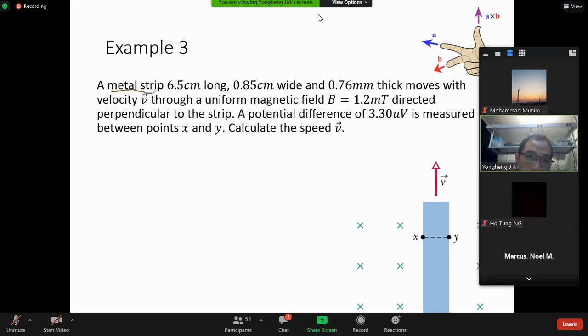Firstly, this is the metal strip, meaning that in this strip there are many free carriers.